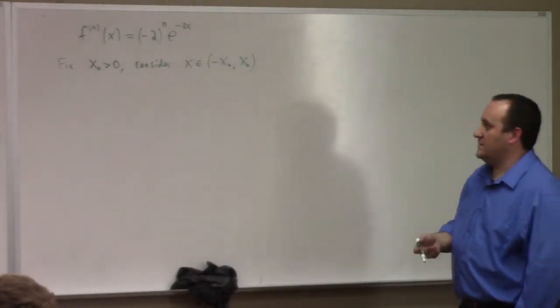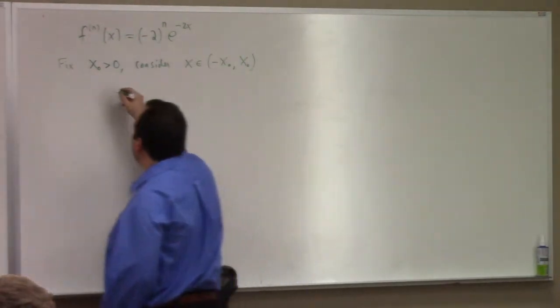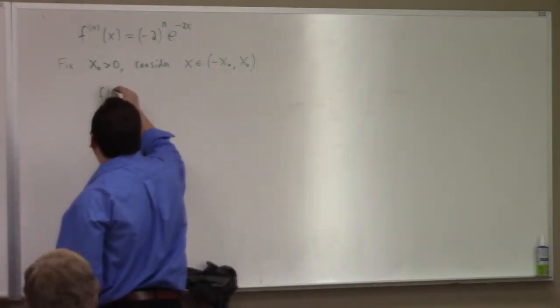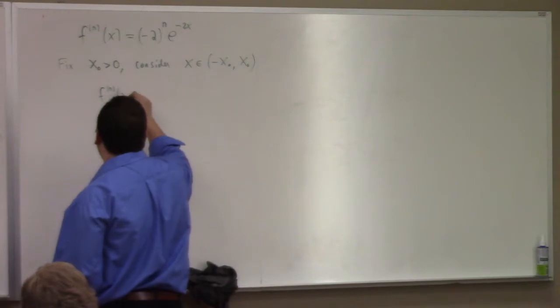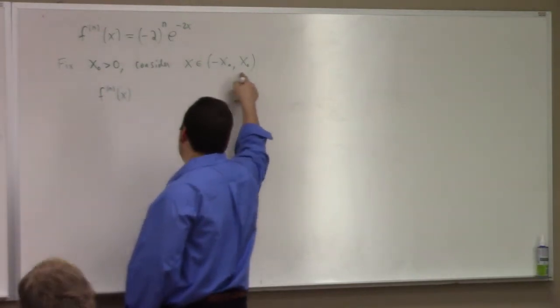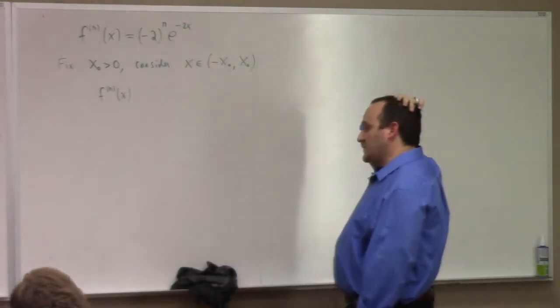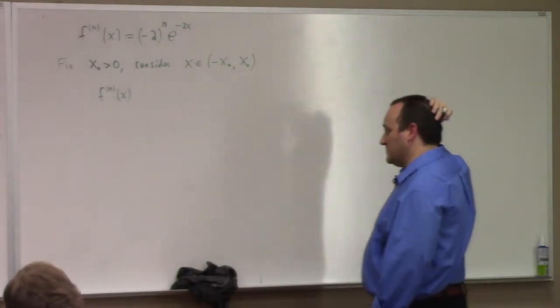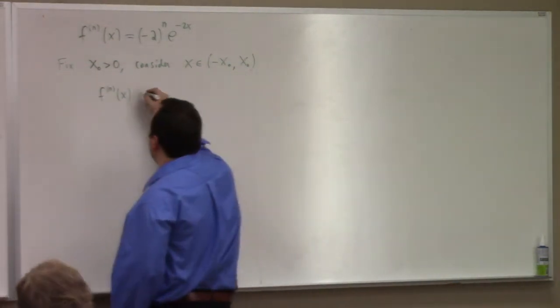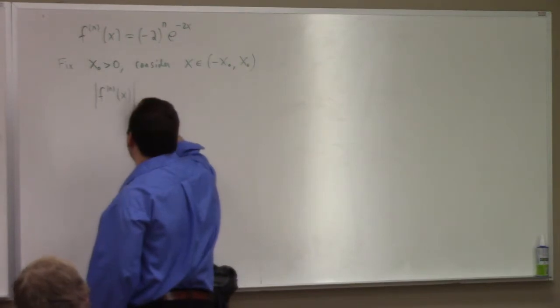So my question is, can you tell me what I can bound the nth derivative by for such x? If x is between x naught and minus x naught, of course, let's just take the absolute value of it.